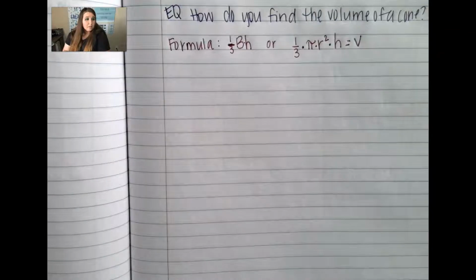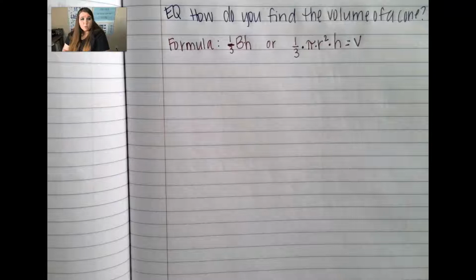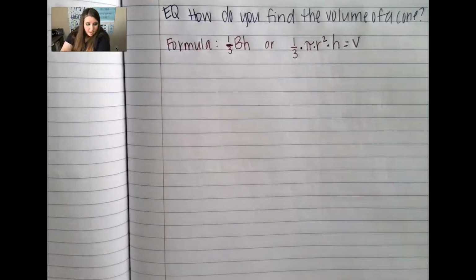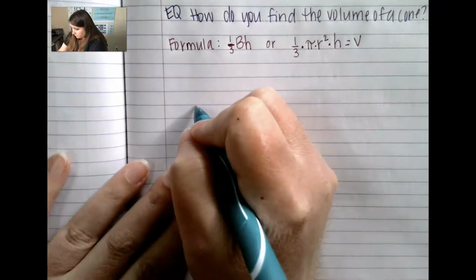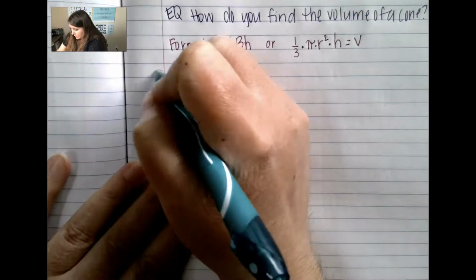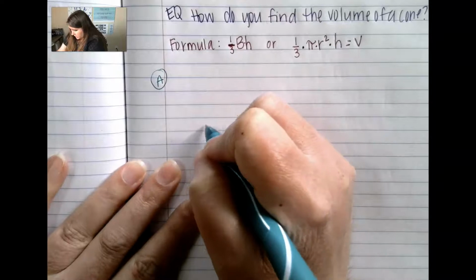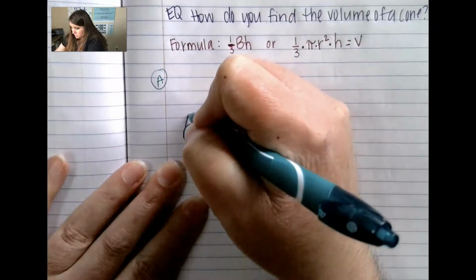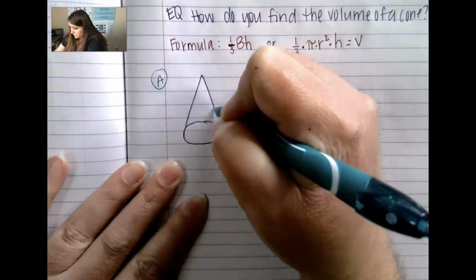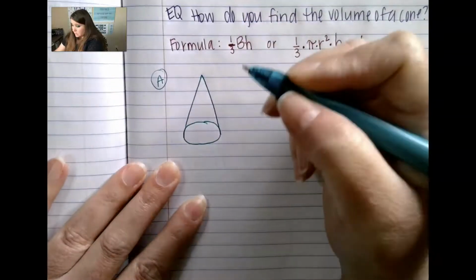So let's go ahead and talk about what this actually looks like. Our first cone is example A. In example A, we have a cone that looks like this.